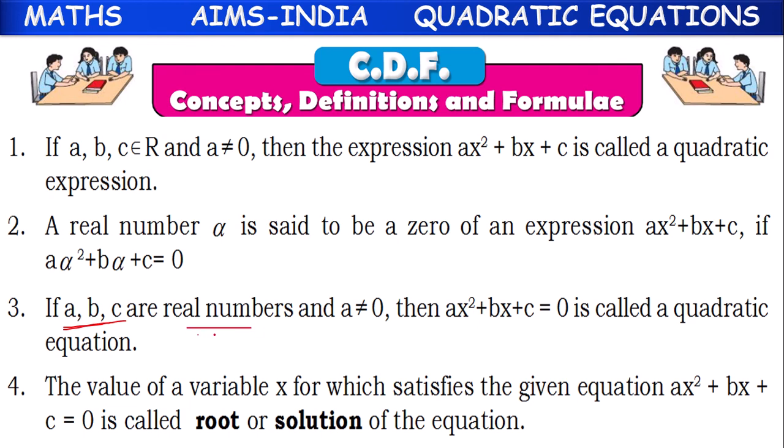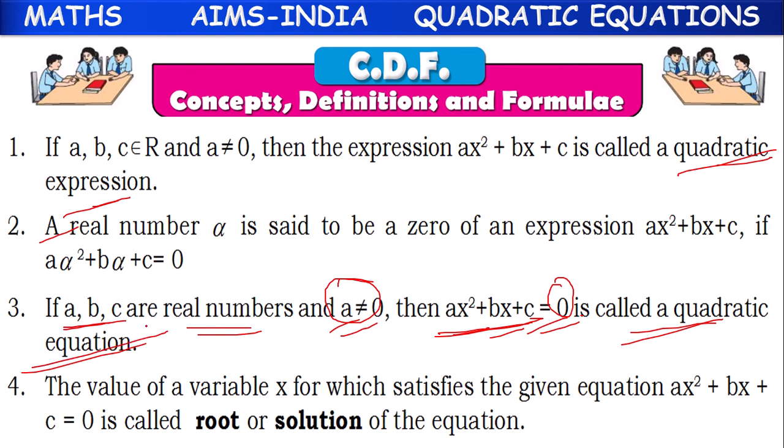If a, b, c are real numbers and a is not equal to 0, if this quadratic expression equals 0, then it is called a quadratic equation. Without 0, it is called an expression. Equal to 0 with the equality symbol, it is called an equation.